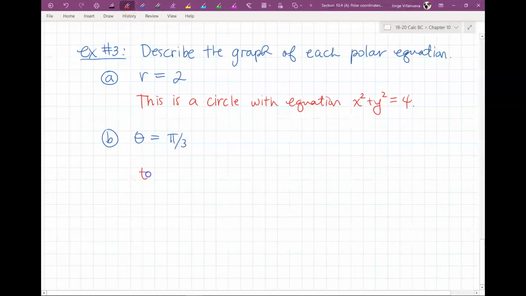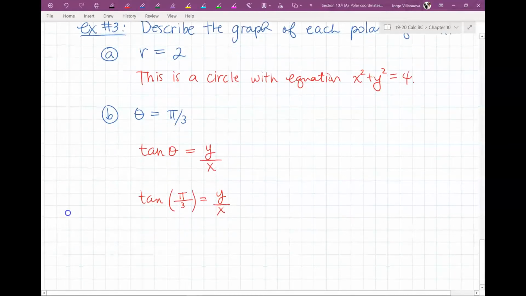Well, we'll start with this. As you said, it's a line, so it'd be great if I can write y equals mx plus b, right? Now, tangent of theta is given, right? Tangent of pi over 3, so let me write this down, is equal to y over x.